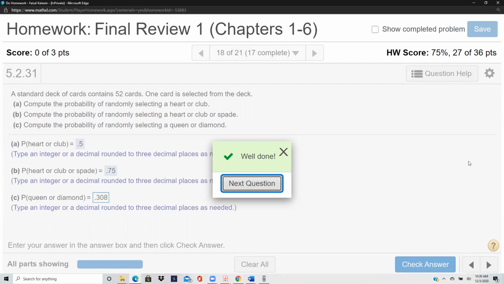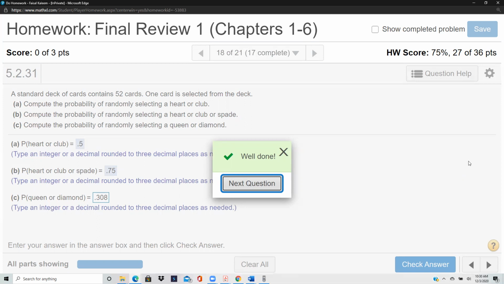Okay, and then it's an 8 or 5 or queen. Those are all 4, right? And then it is a 3 or club.